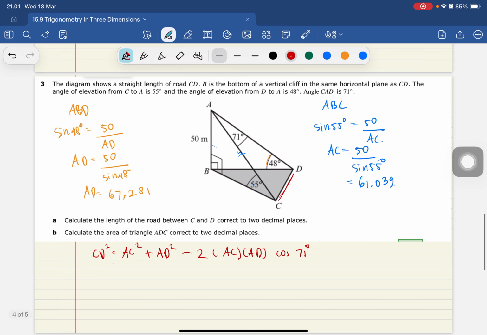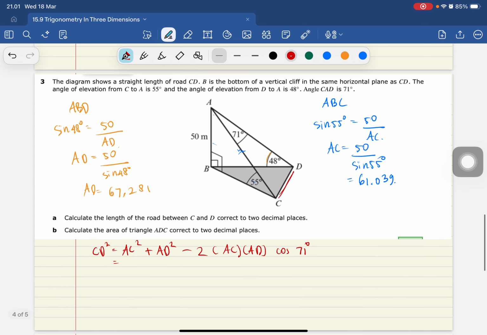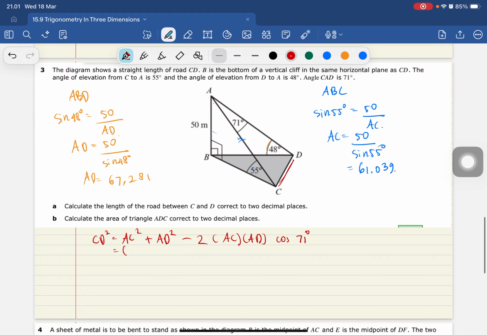Okay, we can just rewrite all the values here, substitute AC. We got 61.039 square plus AD is 67.281 square minus 2, and then AC we got here 61.039, AD is 67.281 multiplied with the cos of 71 degree.